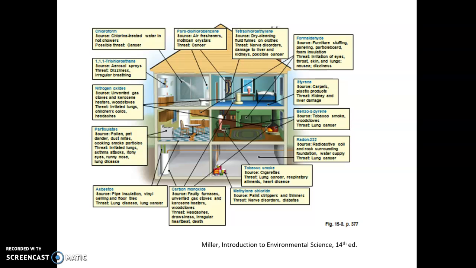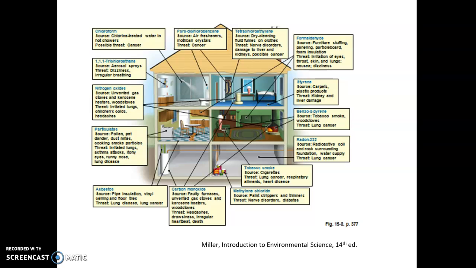Let's move down to some of the other more common sources. Down here we have particulates. Particulates are tiny particles that are in the air that can be breathed in, and when they do, it irritates the lungs, and especially if an individual has asthma, can cause an asthma attack, cause things like itchy eyes, runny nose, and that type of thing.